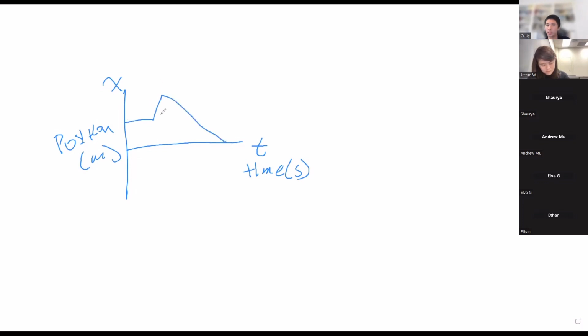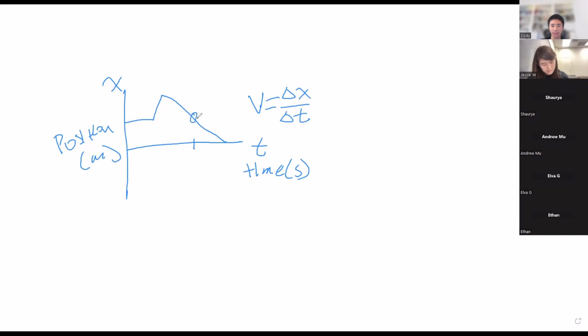It's important to know that for a position time graph, the slope would be equal to the velocity, because velocity is change in position over change in time, right? So if we want to find the velocity at this time right here, we'd find the slope right here.